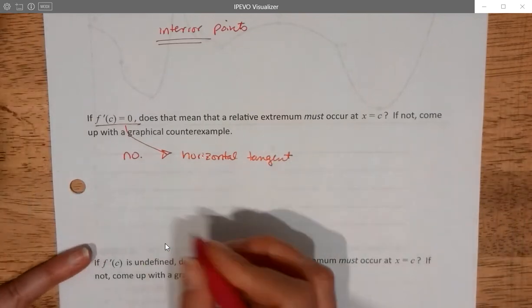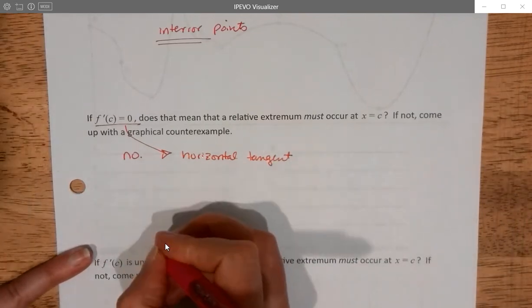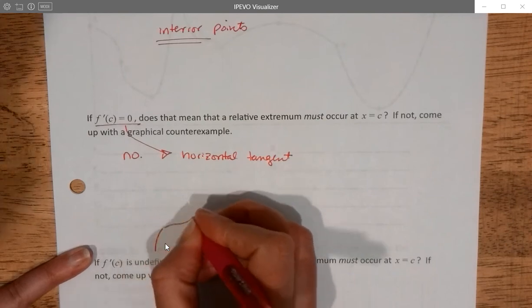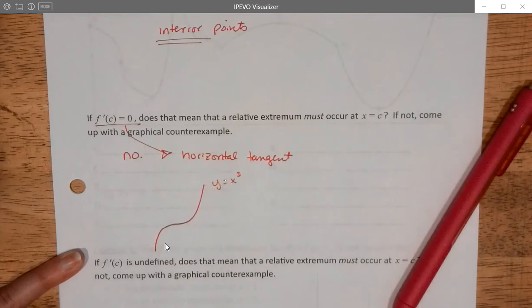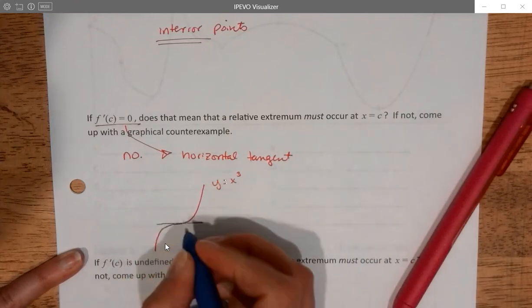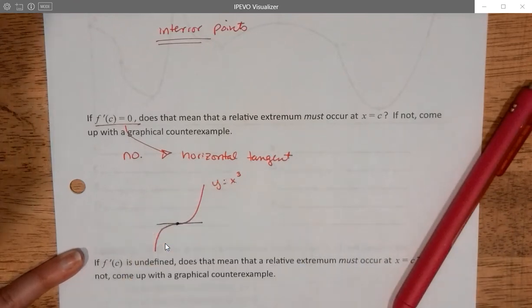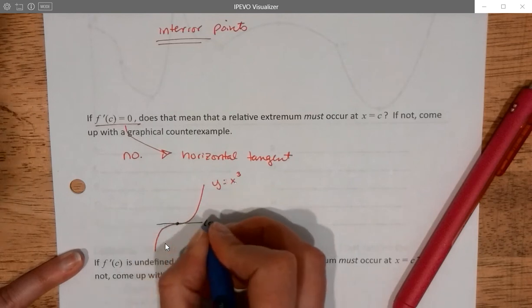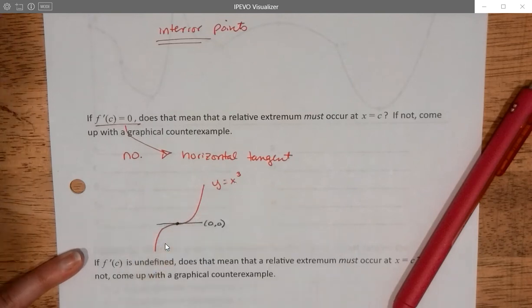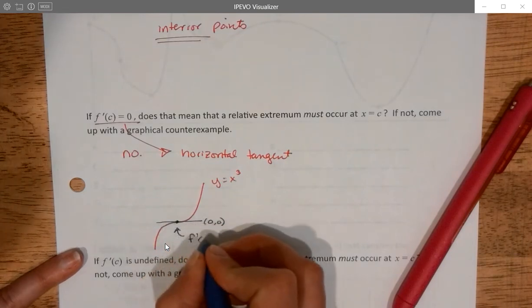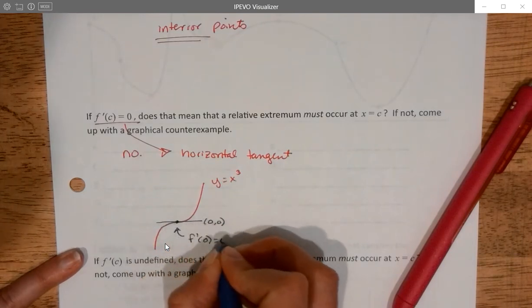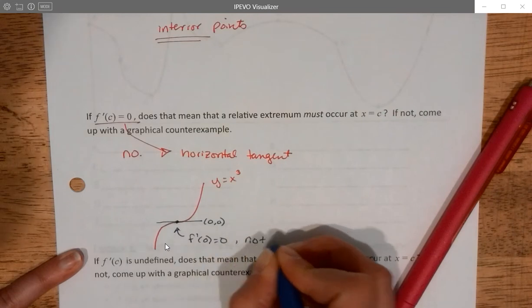No. I could draw the graph of x cubed, and at 0 the tangent is horizontal, but it is not an extrema. So f prime of 0 is 0, but not an extrema.